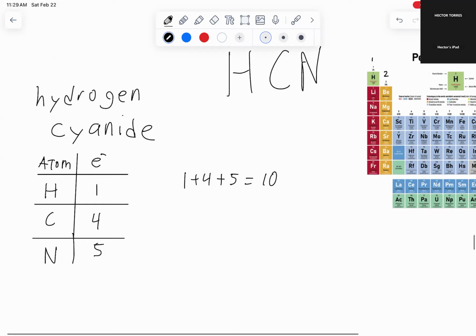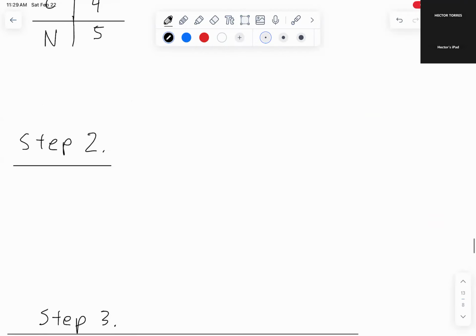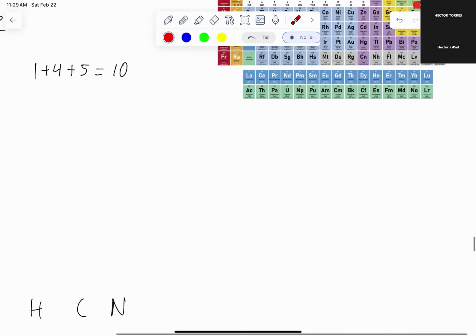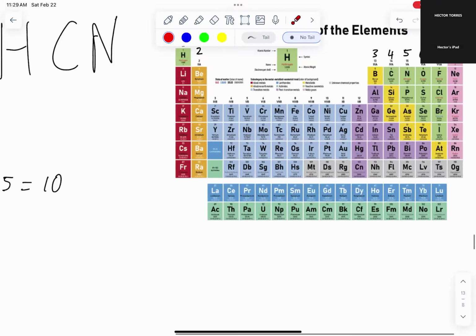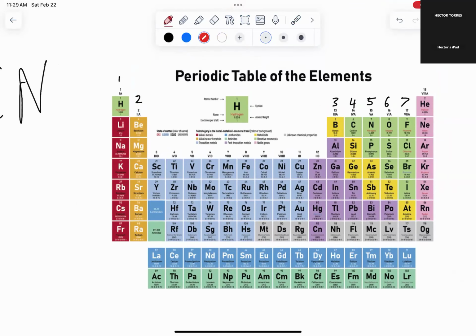Okay. And in step 2 of this procedure, we're going to be deciding which of these is going to be in the center. And so how we're going to do that is we're going to be looking at our periodic trend of electronegativity. So electronegativity is going to increase going to the right of the periodic table and also increase going up the periodic table.